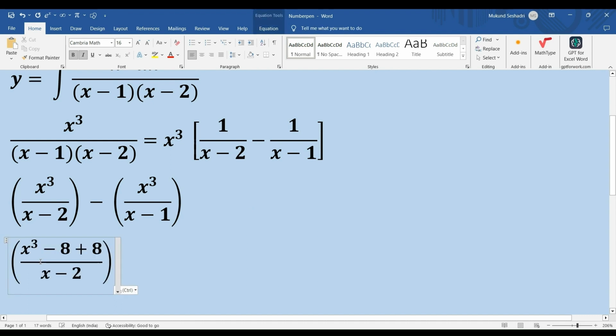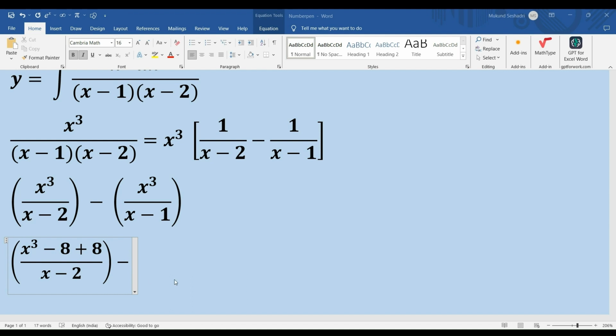So the way I do it is I can rewrite my x cube in the first expression as x cube minus 8 plus 8 divided by x minus 2, right? And then in the second expression, I know that I can write my x cube by x minus 1 as x cube minus 1 plus 1 divided by x minus 1, right? So I hope you folks are with me. I've not changed the expression.